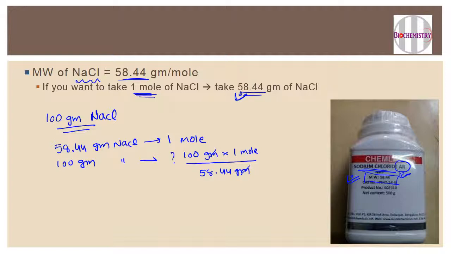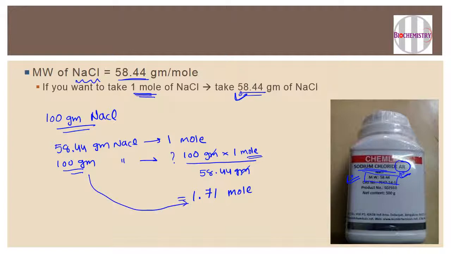So gram out. If you do 100 by 58.44, your answer will be 1.71. So this unit will be mole. So if you take 100 gram, then your answer will be 1.71 mole.